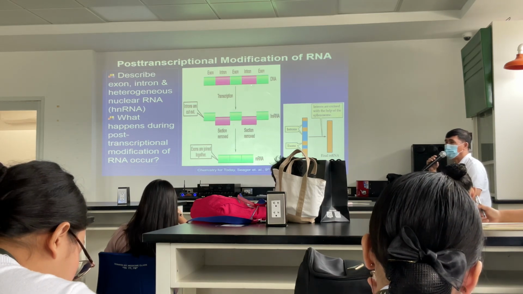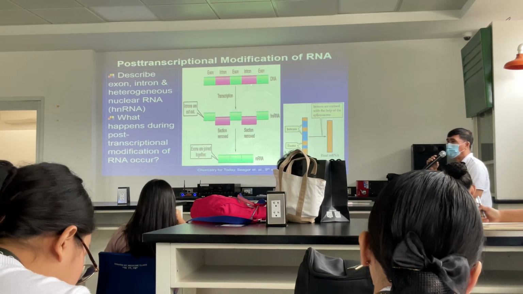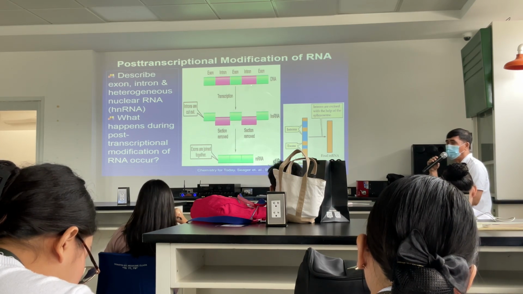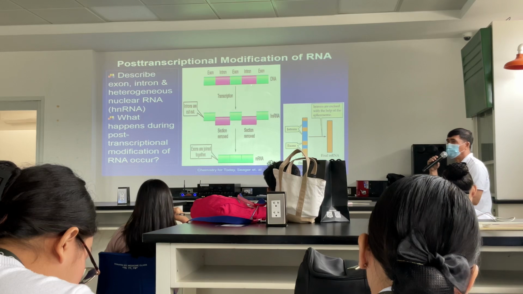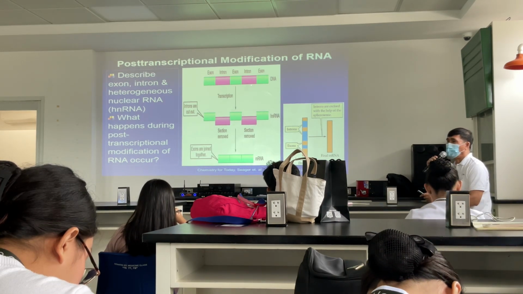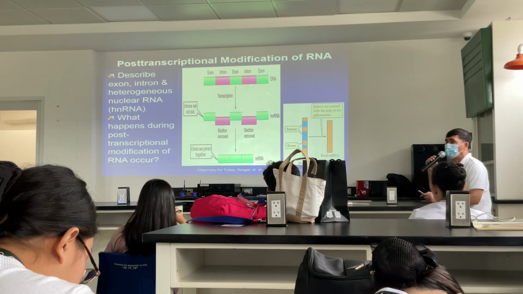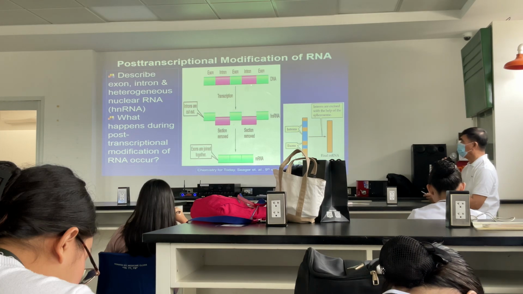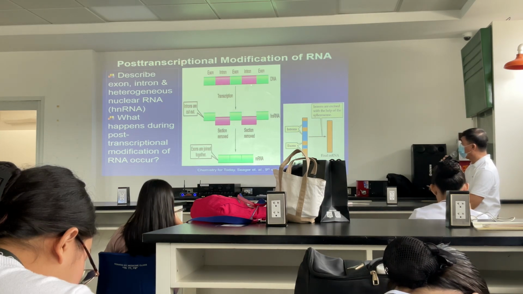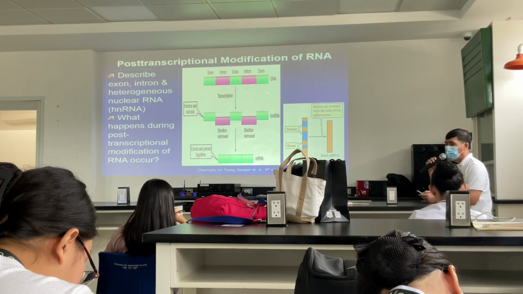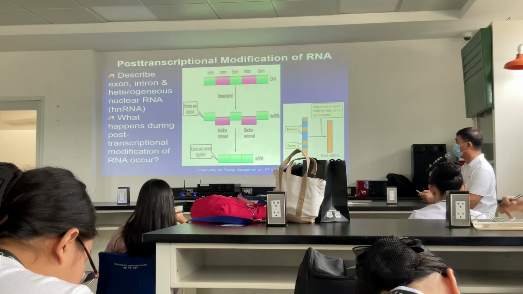To make it functional, the introns, which are non-coding segments, need to be removed, so that during synthesis of the protein, the sequence of the amino acids will come one after another. So that's post-transcriptional modification of the RNA that is produced.